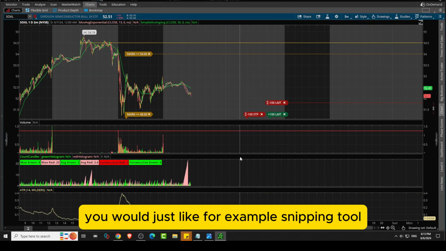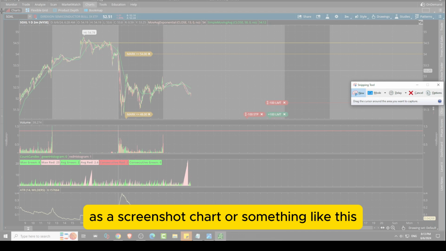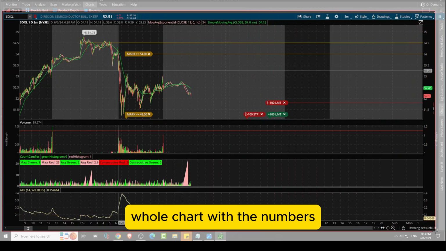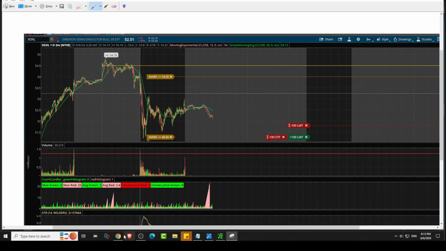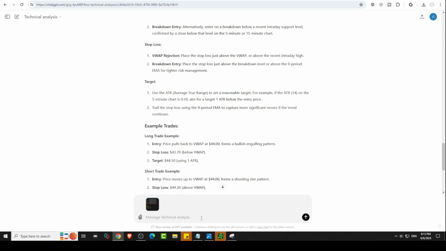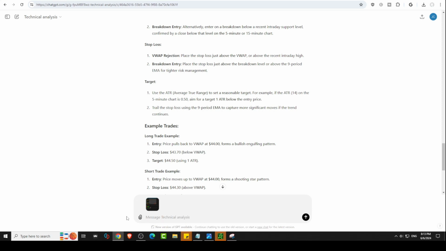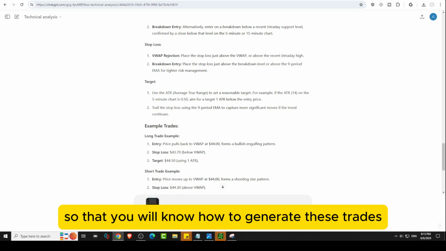So first things first, you would just like, for example, snipping tool, like screenshot it. Just a screenshot chart or something like this, whole chart with the numbers, and then you just Control V, and then you type something. I won't give you the prompts, but I'll provide you the prompts what to ask the GPT, so that you will know how to generate these trades.